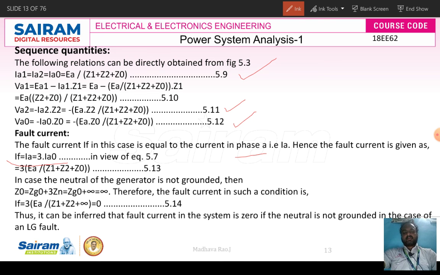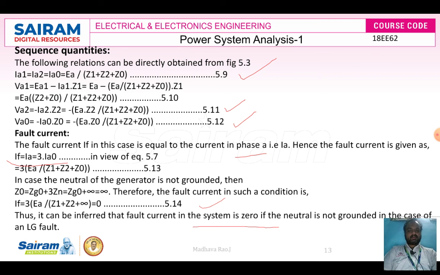Okay. So if there is no grounding or no neutral, the fault current in the system is 0 in an LG fault.